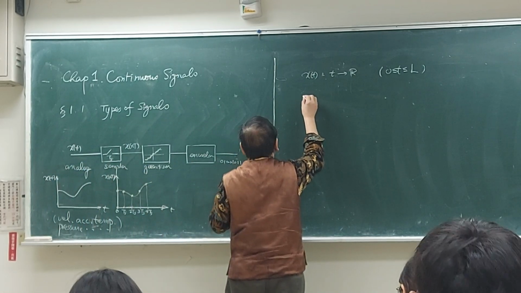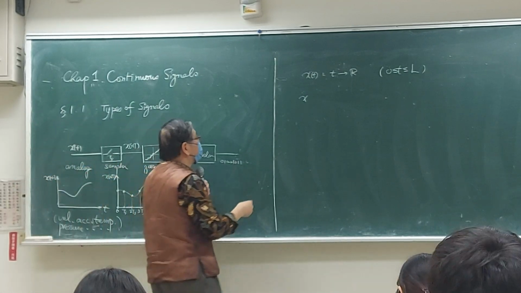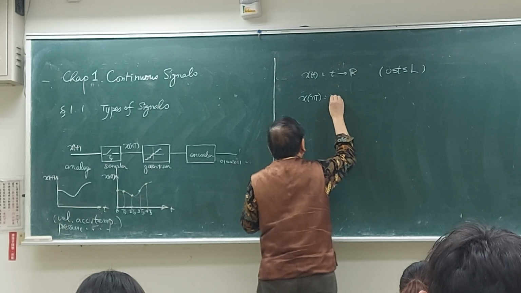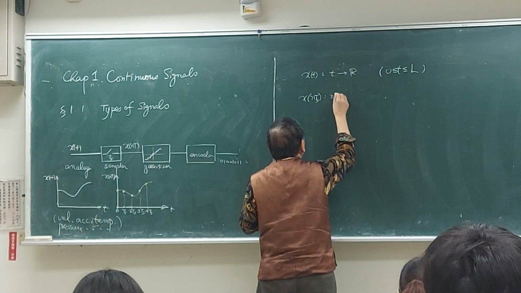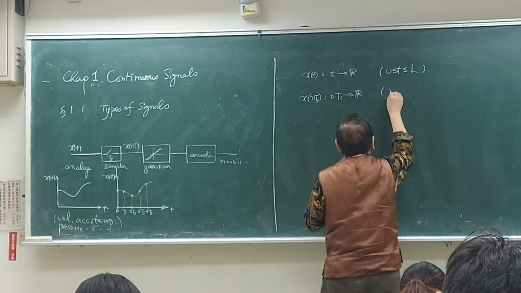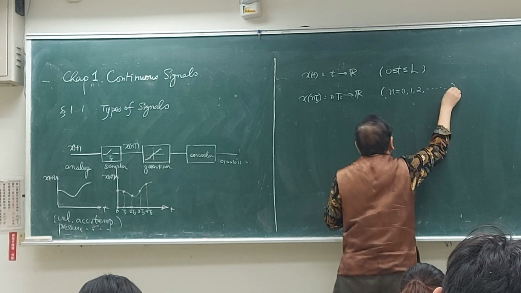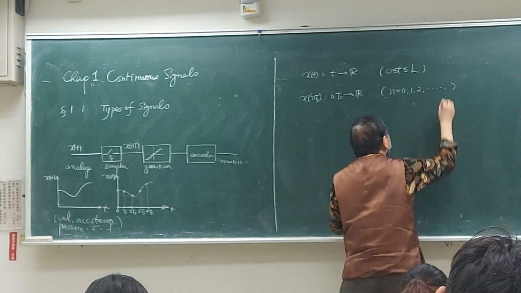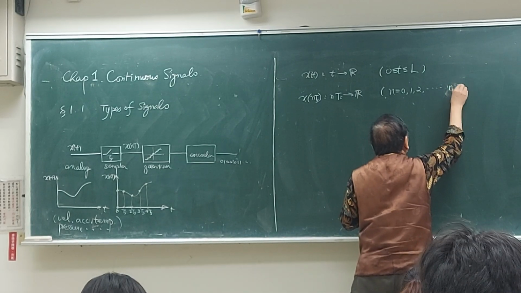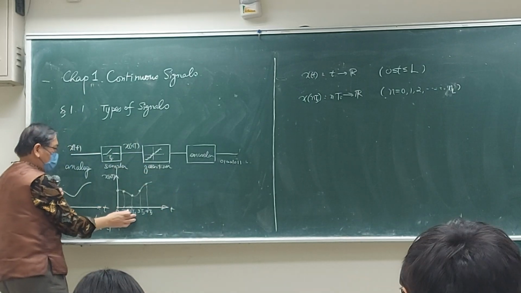For the discrete one, we call this the sampled signal. So then from 0, 1, we're going to go up to, say, 10 samples at every sampling time.